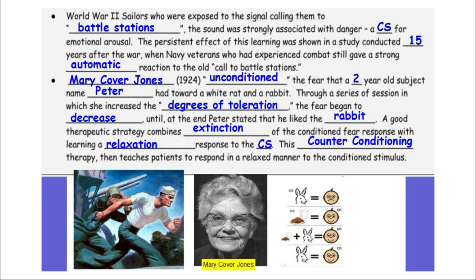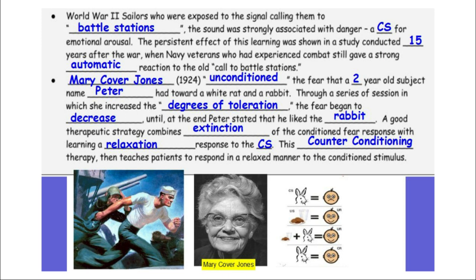So down here in the bottom right-hand corner is kind of a breakdown of Mary Cover Jones's experiment. The conditioned stimulus is our white rat or white rabbit that obviously kind of bothered Peter. But when we pair it up with something else, like our unconditioned stimulus, be it some milk and cookies, the unconditioned response obviously makes Peter happy.